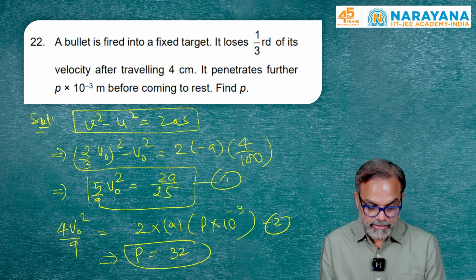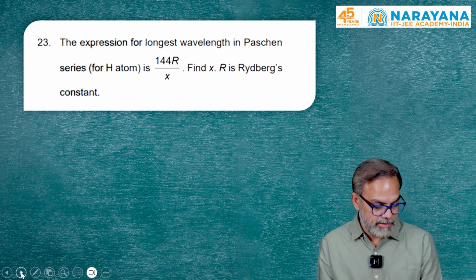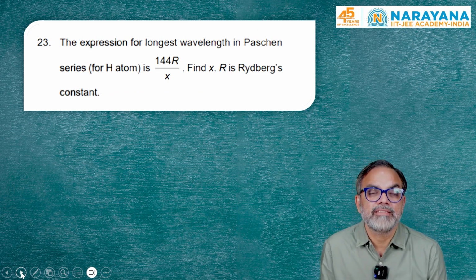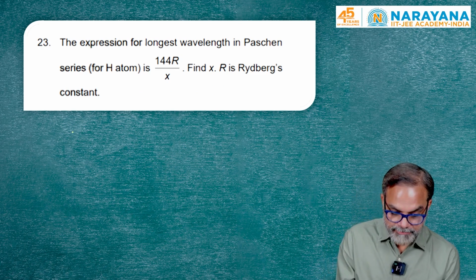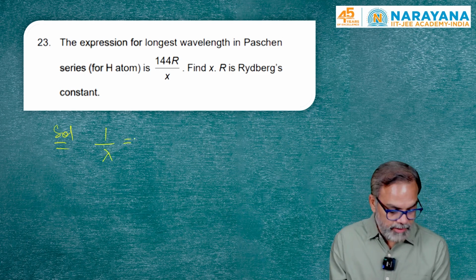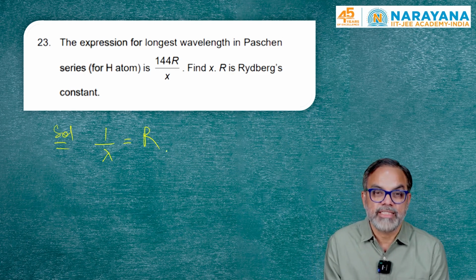So that's 32. Moving to the next question, and this is the expression for longest wavelength in Paschen series. So we know 1 over lambda will be equal to r z square, and we are talking about hydrogen atom, so z is 1.